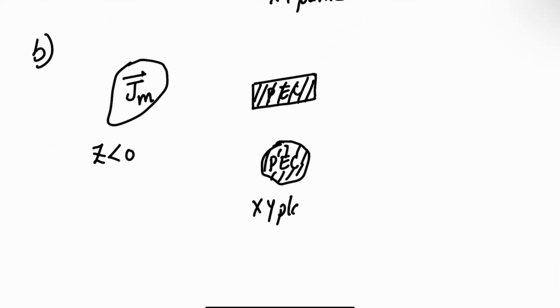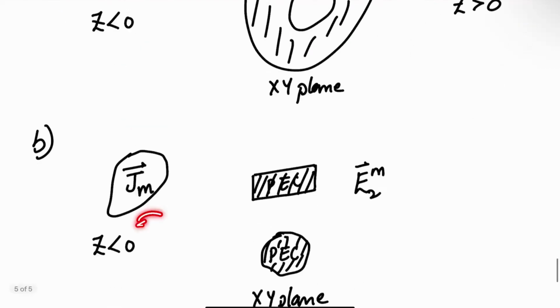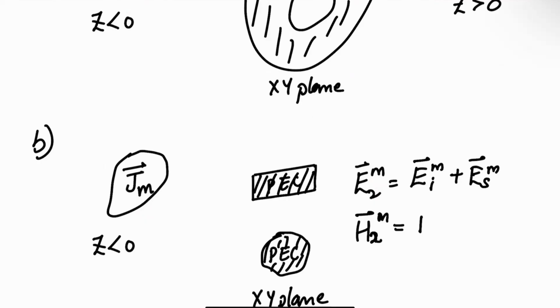So this is the XY plane. And then on the right-hand side, we have fields. And now I'm labeling it as M. And here now you see why this was labeled as E, because we had an electric current source on the left. Now we have a magnetic current source, so this should give me an M. That's the idea. Right, that's equal to EIM plus ESM. Again, same idea. Incident field and scattered field. And H2M is HIM plus HSM. Okay?